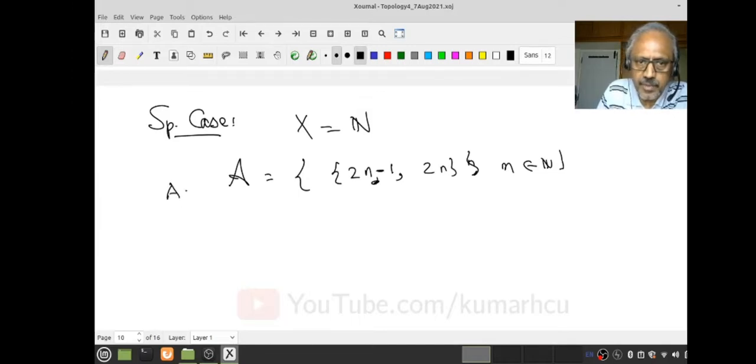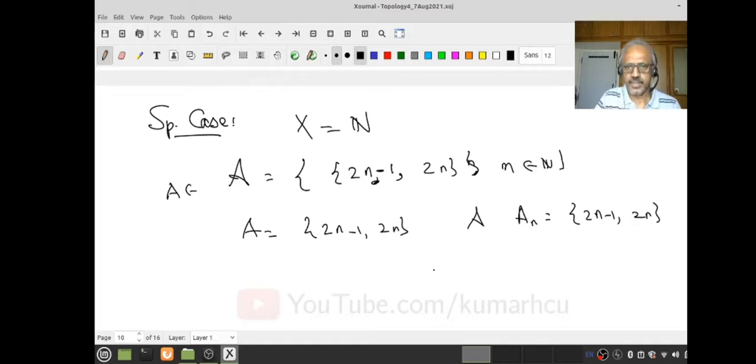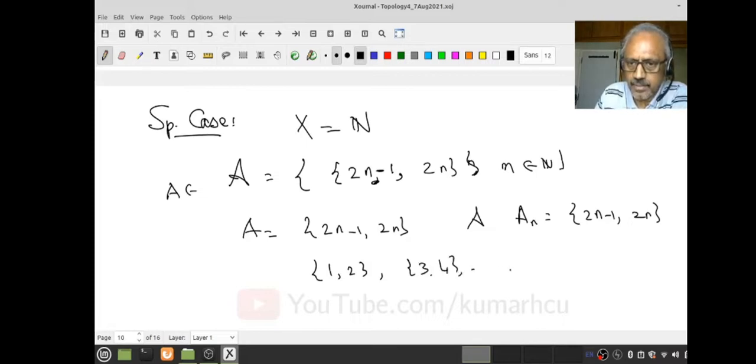If A belongs to this, it means A is of the form {2n minus 1, 2n}. Therefore this will be {1,2} and {3,4} and {9,10} and so on. These are the only things.